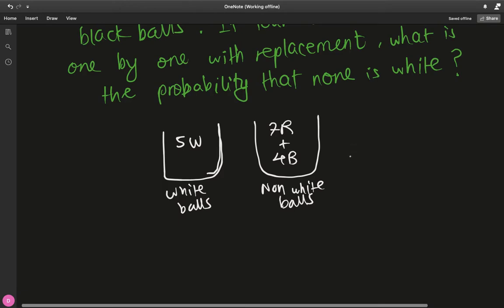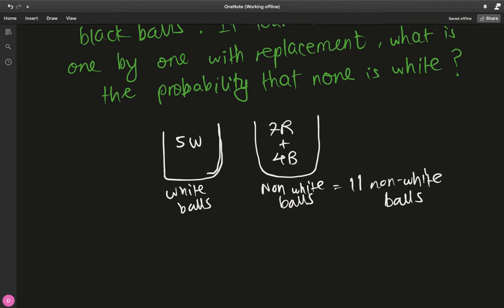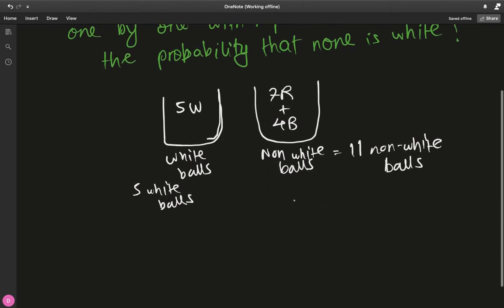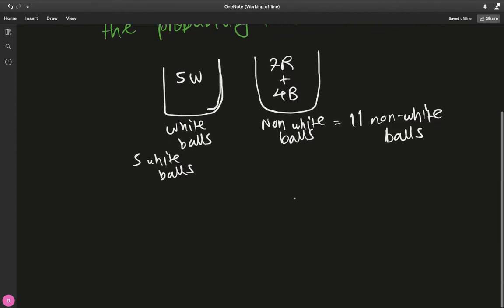So in all, 11 non-white balls and 5 white balls. And since we are drawing them one by one, we can't select 4 from 11. We can't do 11 choose 4 directly. It's going to be a stepwise process.